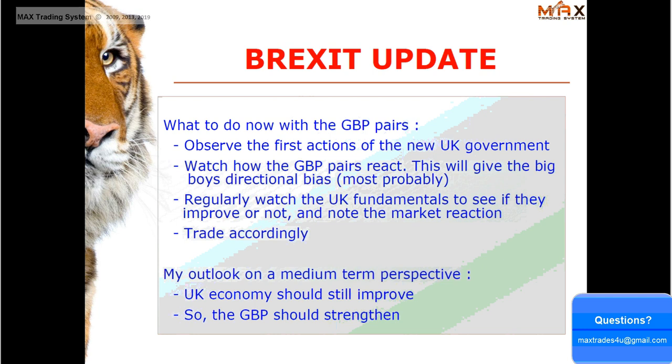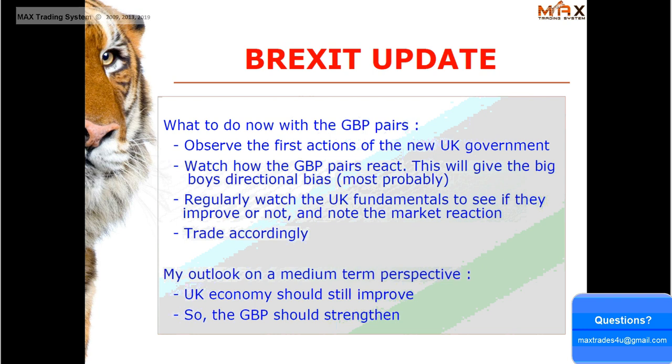Depending on how these fundamentals evolve, if they evolve favorably, this will be good for the UK economy. Of course, otherwise the fundamentals will not progress. The fundamentals are simply mirrors of what the economy really is. And so we will have to trade accordingly. With a weakening of the fundamentals, we can continue to short the pound. With an improvement of the fundamentals, we will be able to consider going long on the pound.